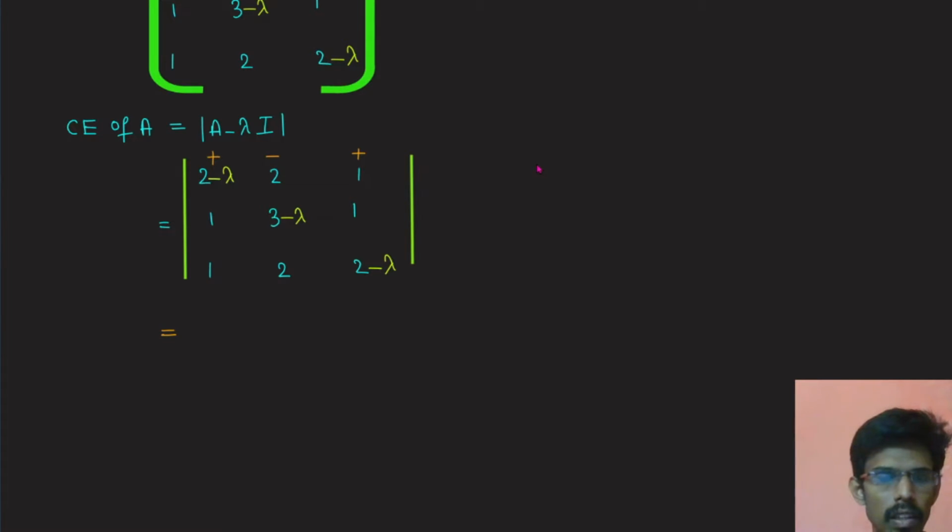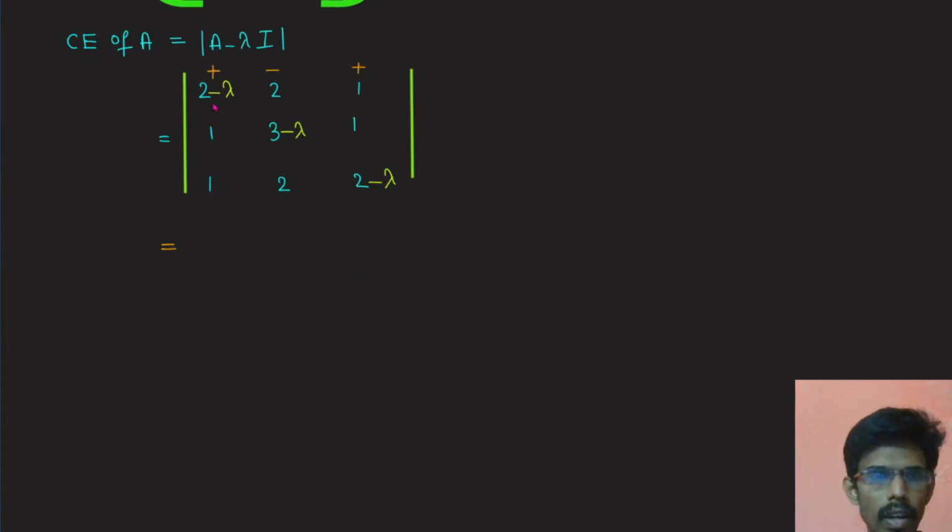So now write down 2 minus lambda into, now leave this first row and first column. We have these 4 elements.